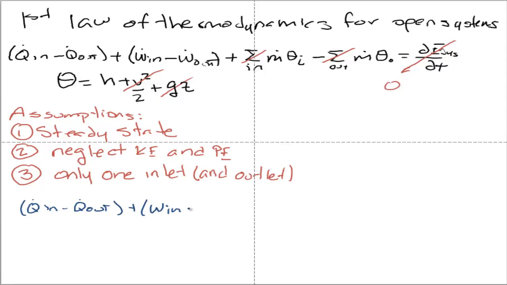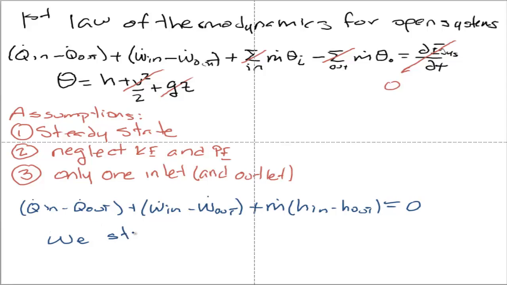That's all the work or all the heat that can go in or out of the system, plus the mass flow rate. This time we are only writing one mass flow rate because we have only one inlet and outlet, and since we don't have any accumulation, the same mass that goes in should go out, times the enthalpy difference, and it's equal to 0. So for each of the processes, we are going to start from here.